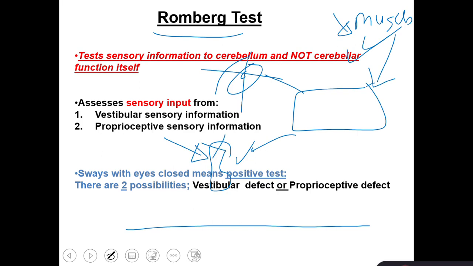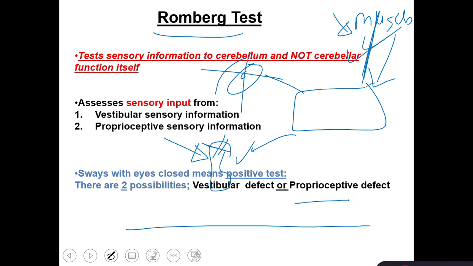If he's able to tell the position, then the proprioception is okay again, and the problem is in the vestibular apparatus. If he's not able to, this means the problem is here in the muscle pathway, which we call the proprioceptive pathway.